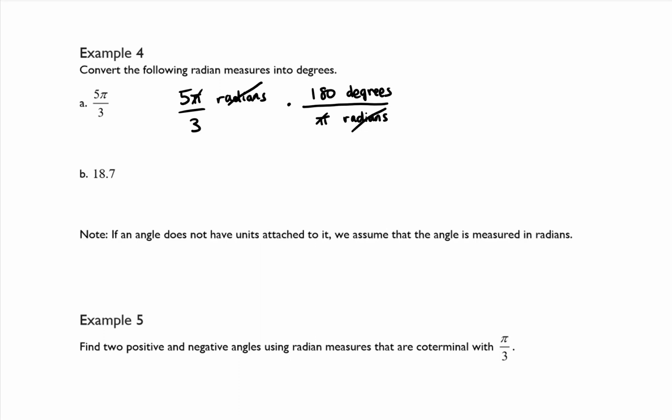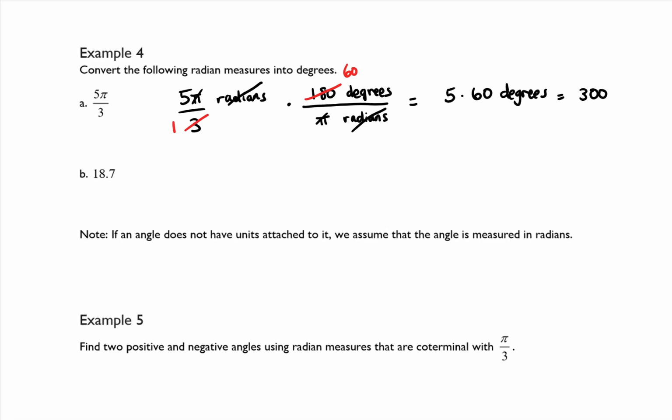And then 180 and 3 are both divisible by 3. So if I divide that by 3, that would leave me with 1. And if I divide 180 by 3, that would leave me with 60.